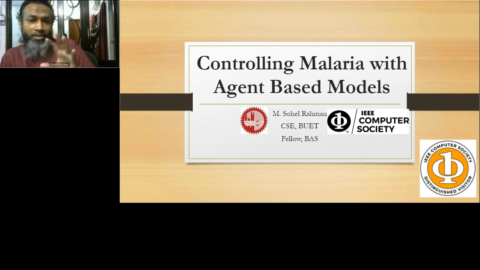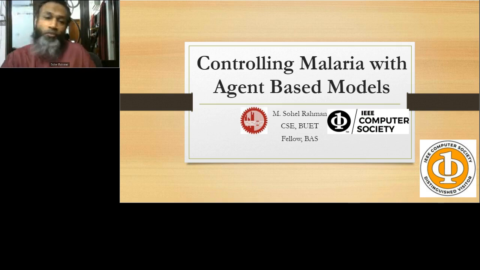These are the statistics prepared by the World Health Organization in the latest report, the 2020 World Malaria Report. This is the statistics from 2019, and these are estimated cases. There are 229 million estimated cases worldwide, 87 endemic countries, and an estimated 0.4 million deaths.